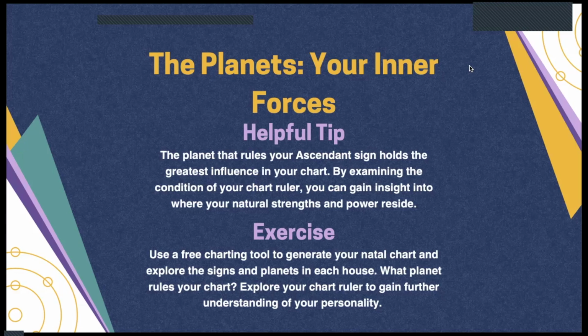If your ascendant sign is Scorpio, your chart ruler is going to be either Mars or Pluto because they co-rule Scorpio. Your chart ruler is going to hold great power in your chart, so become very familiar, get to know your chart ruler so you can know where your power resides.